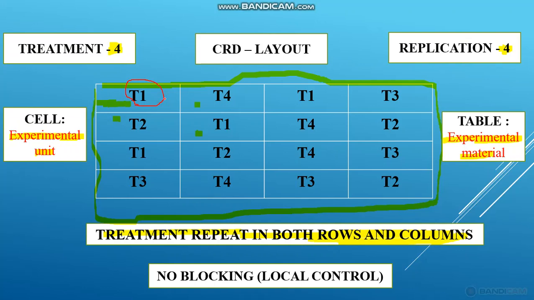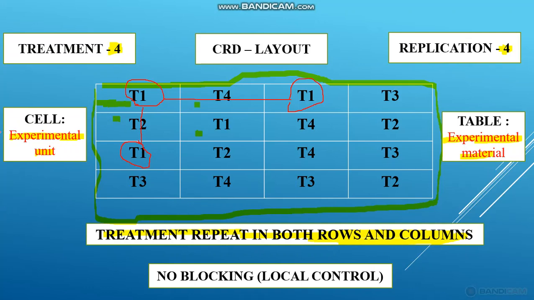In the first row, first cell, there is T1, and it is repeating in the same row. Similarly, T1 is repeating in the same column, the first column. So the treatment is repeating in both rows and columns.